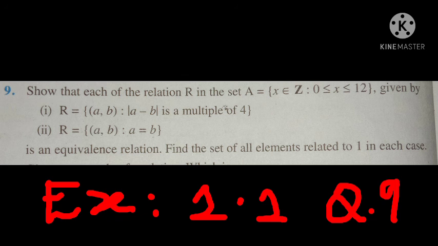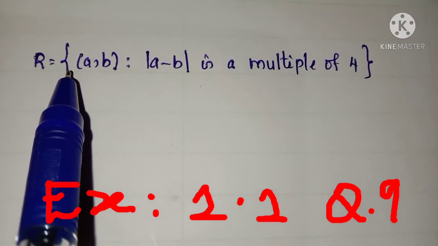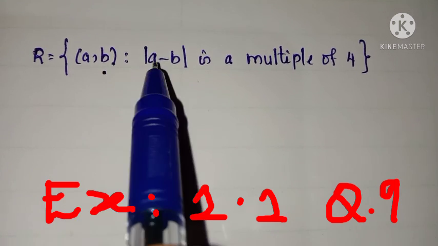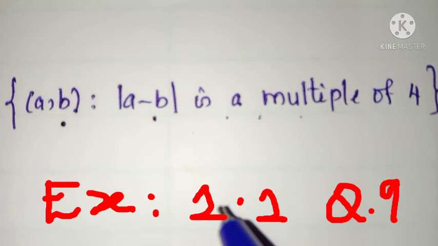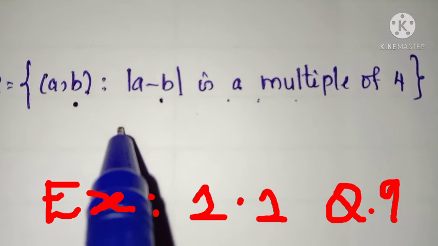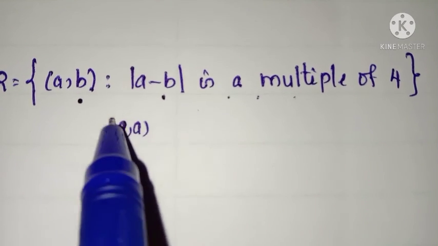R = {(a, b) such that |a − b| is a multiple of 4}. Okay. Given relation is the set of all ordered pairs (a, b) such that a − b is a multiple of 4. Let us take the ordered pair (a, a).